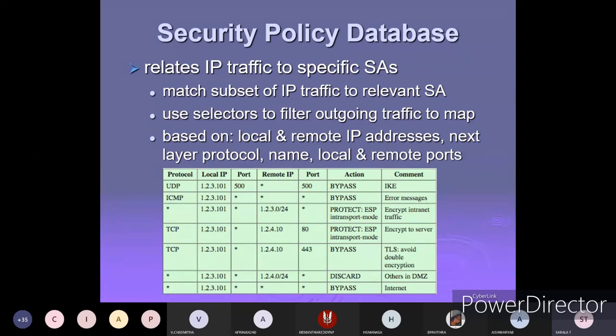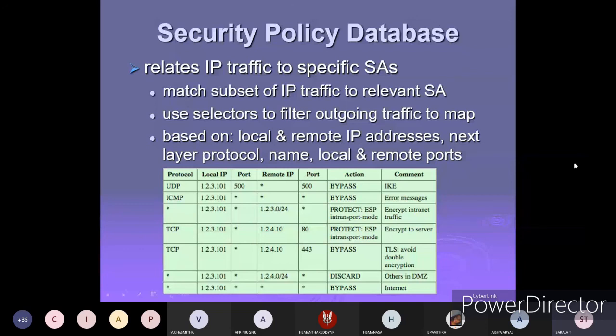Security policy database relates IP traffic to specific security associations. It matches a subset of IP traffic to the relevant security association and uses selectors to filter outgoing traffic to map it, and based on the local and remote IP addresses, next layer protocol name, or local and remote ports can be verified.